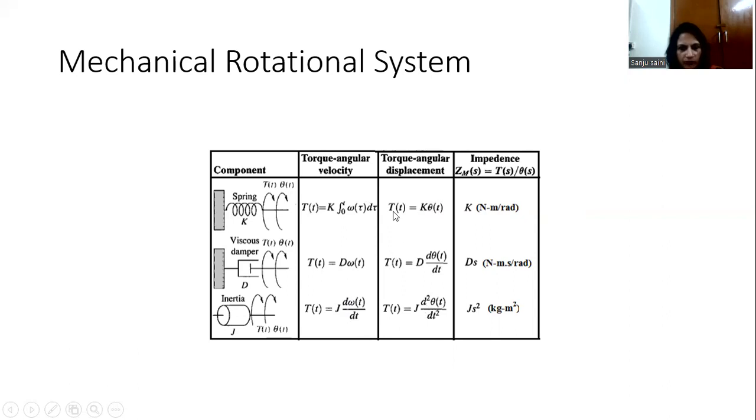And here we do not have force, we are having the torque. There we had F is equal to ma, where m was the mass and d²x/dt² was the acceleration, in the case of the translational motion.